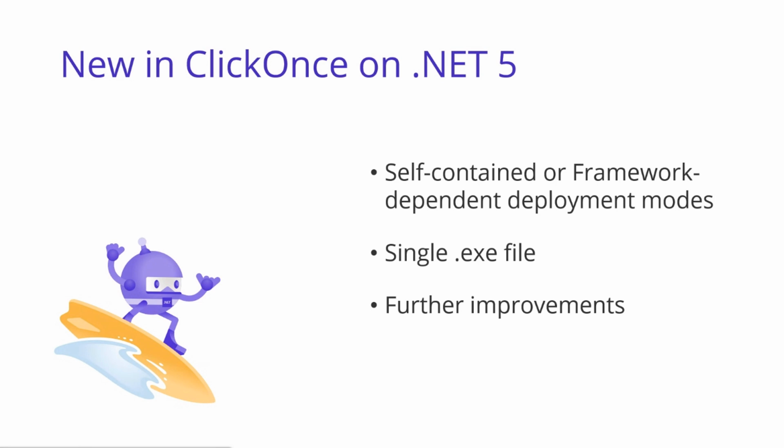And there are other improvements that my team is working on currently. For example, reducing the size of self-contained application by trimming out libraries from .NET 5 that are not needed for your application. So if you're on .NET 5 and the latest version of .NET, you will get all the new features that are available in the deployment area as well.